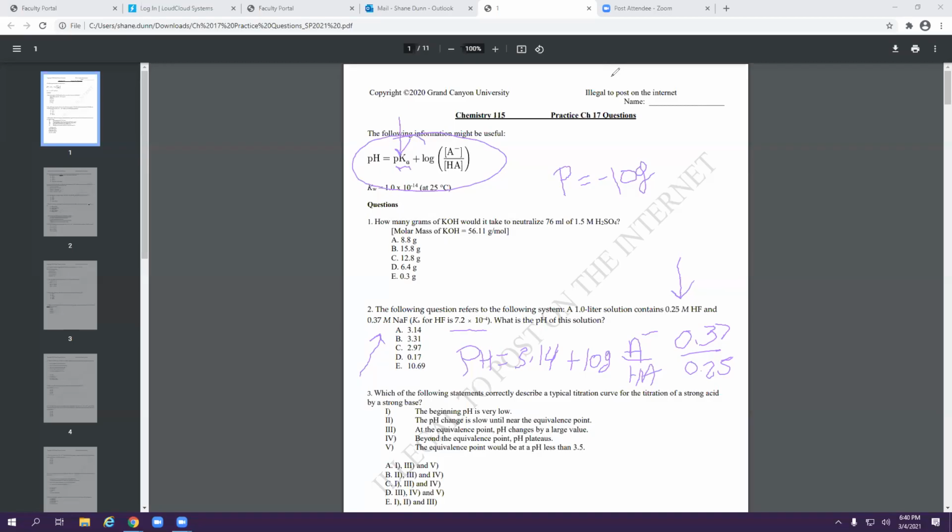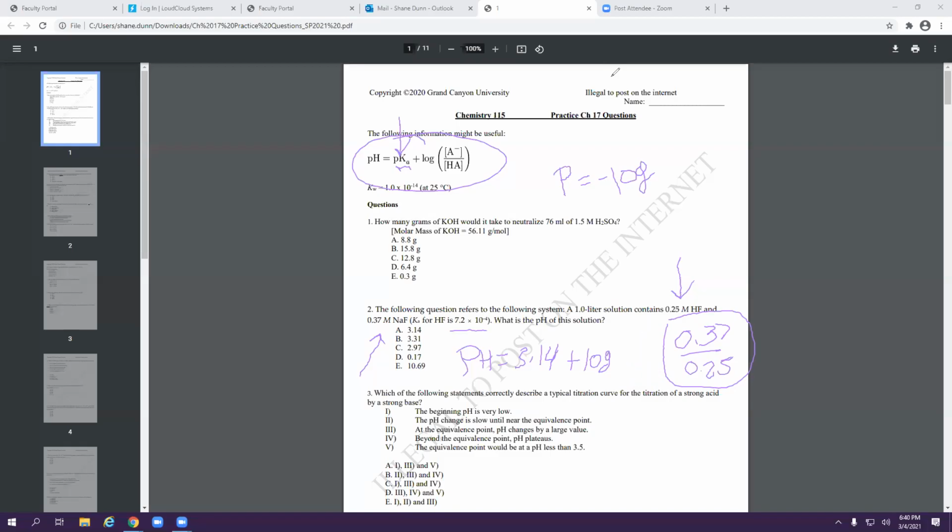I think you may... 0.37 divided by 0.25. I got something different when you do 0.37 divided by 0.25. I got 1.14. You guys calculate that correctly? Again, I'm using a dollar store calculator, so I had to stop at the store today before I came here.